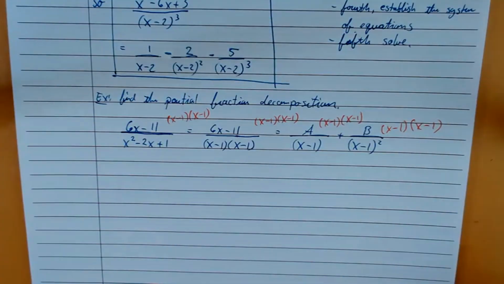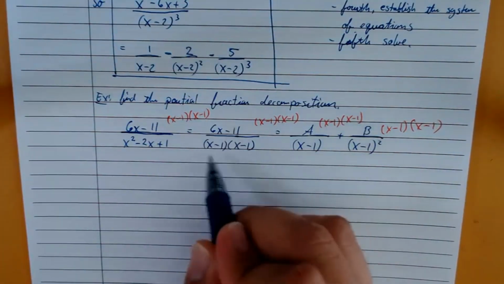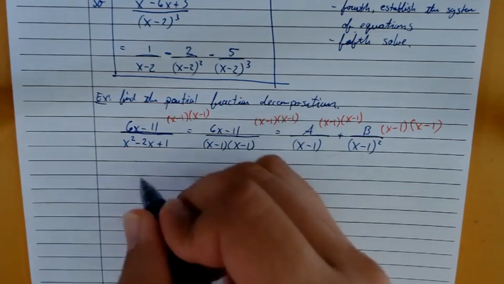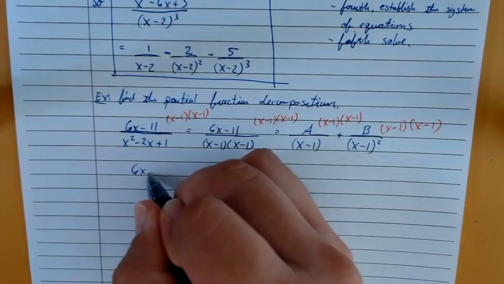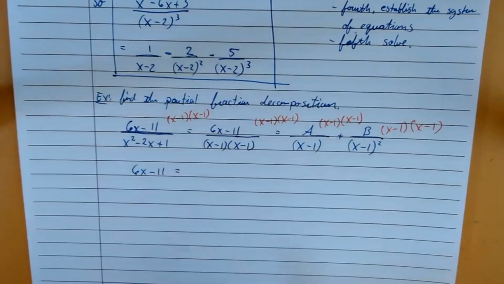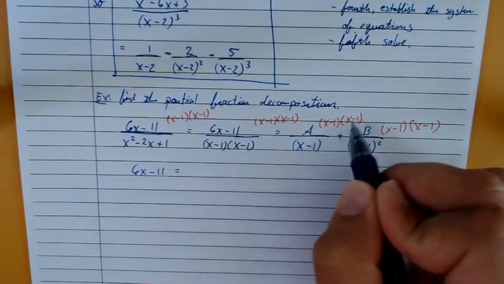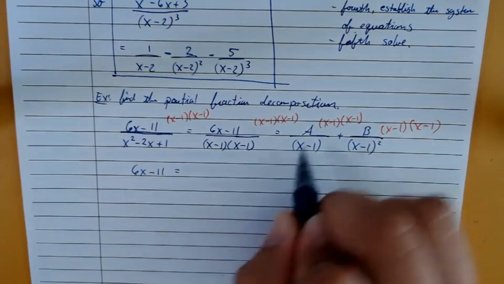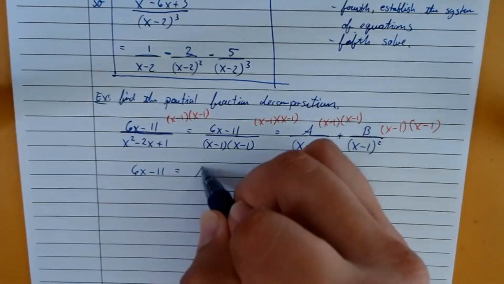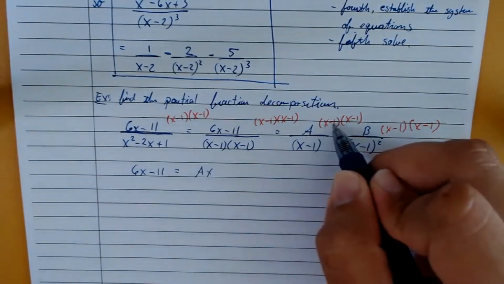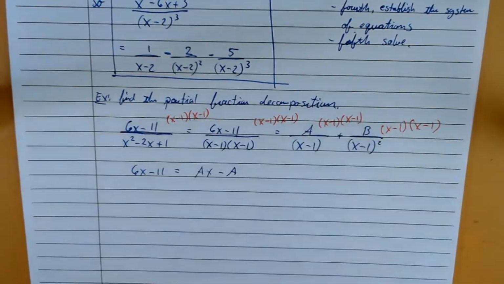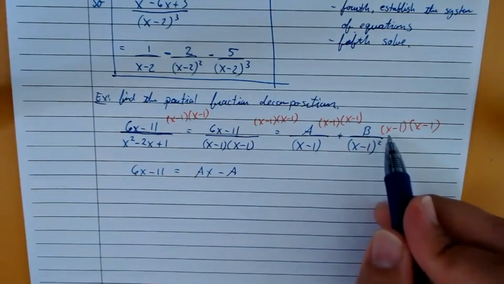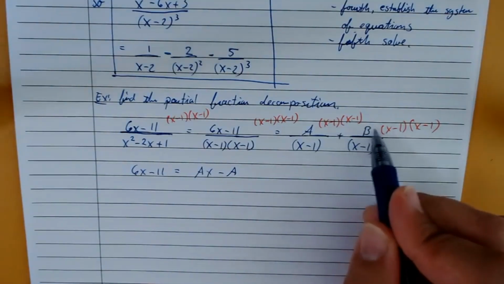But in any event, we really just care about these two. Here these completely divide away, leaving you 6x minus 11. Here, only one of these divides away. That leaves you a times x minus 1. Well, I can distribute that. a times x is ax, and a times negative 1 is negative a. And then here, both of these divide away, and you're left with just your b.